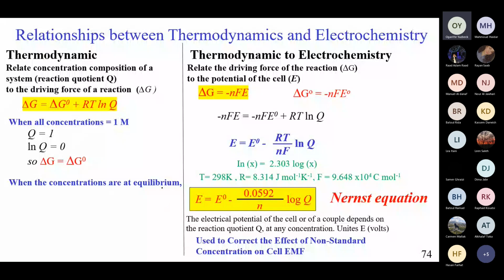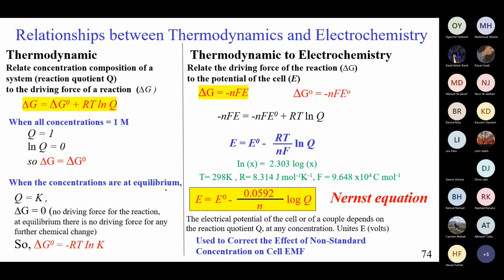When the concentrations are at equilibrium, what do we mean by at equilibrium? Remember, at equilibrium, Q, the composition, is going to be the same as K. This is when we have Q equals K, we're at equilibrium.